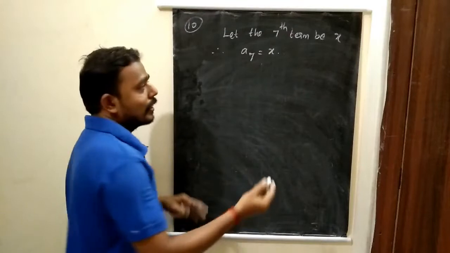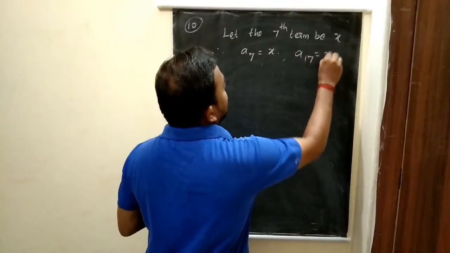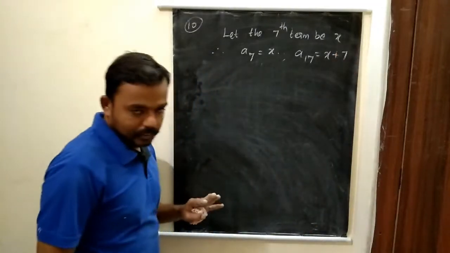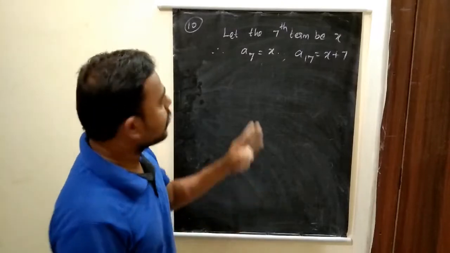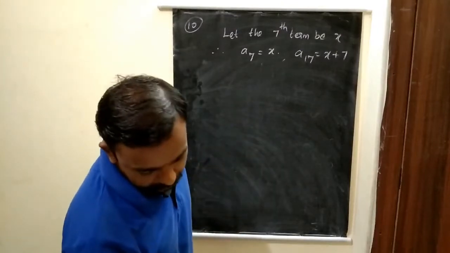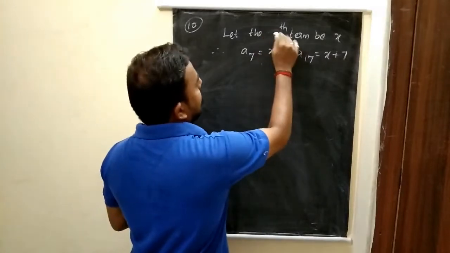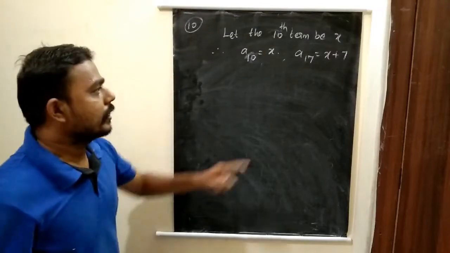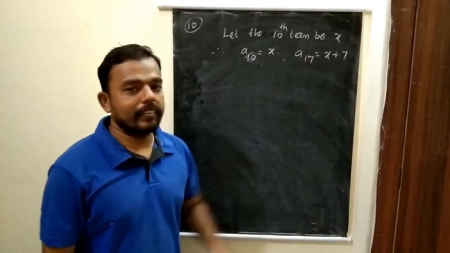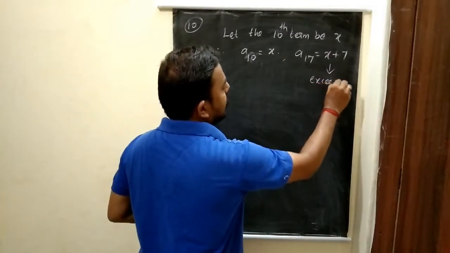So the 17th term exceeds it by 7, that is a17 equal to x plus 7. So add 7.